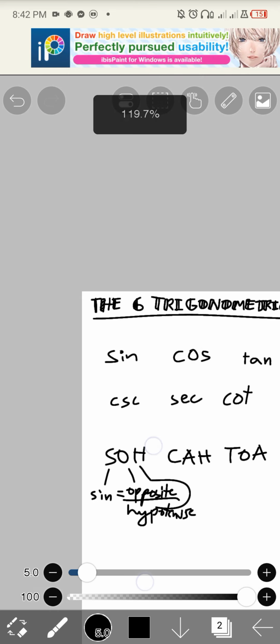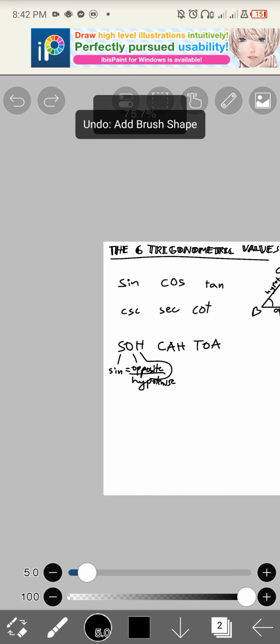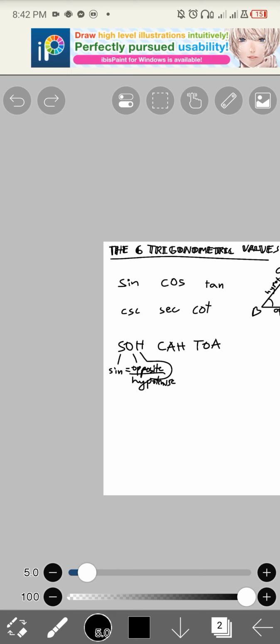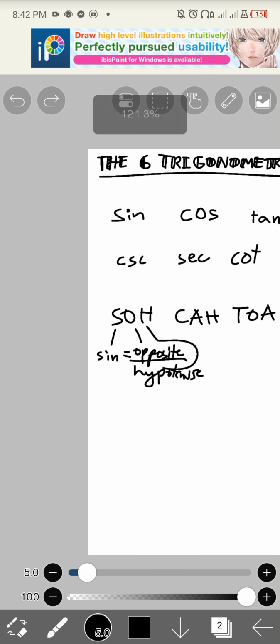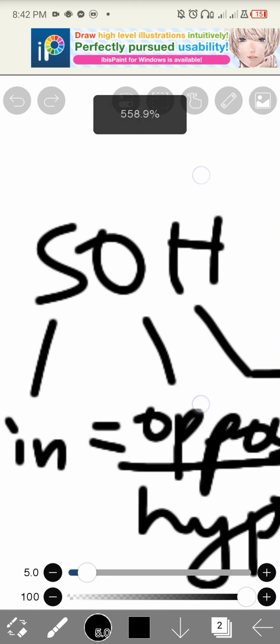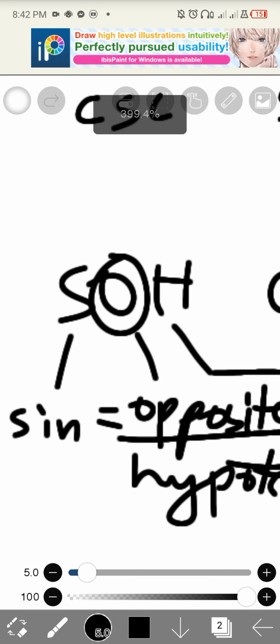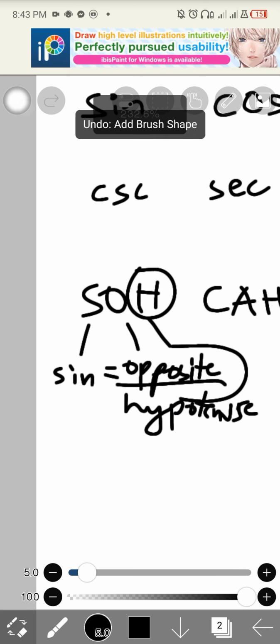So use it to find the sine measure of an angle. So let's say sine is equal to the opposite over the hypotenuse, no?